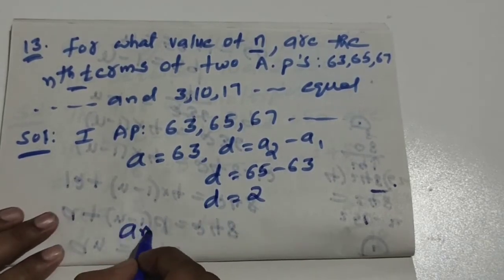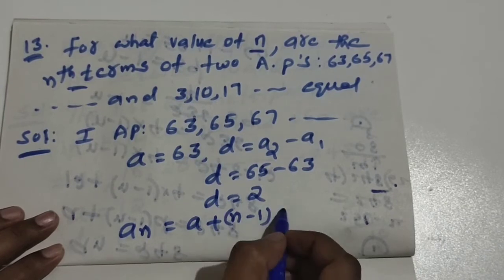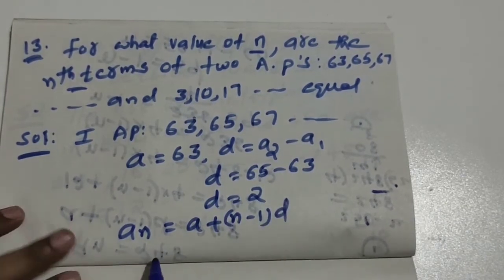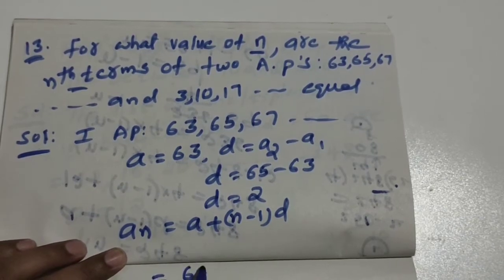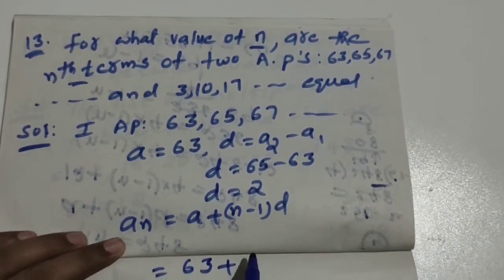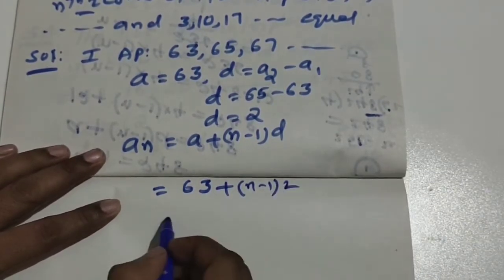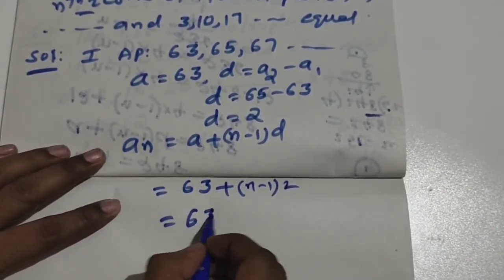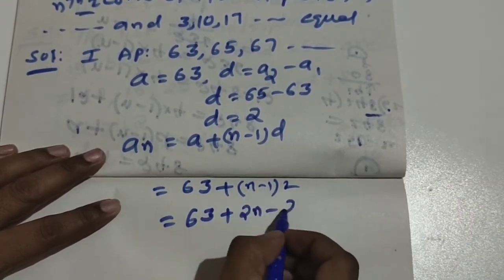Now what is AN? AN is equal to A plus (n minus 1) into D. So here the A value is 63 plus (n minus 1) into D, 2. Now simplify it. 63 plus 2 into n is 2n, minus 2.